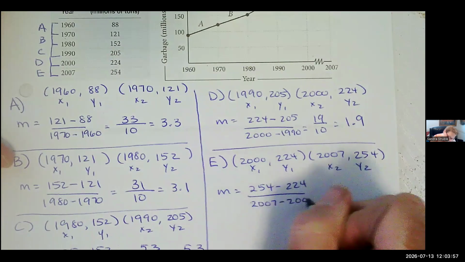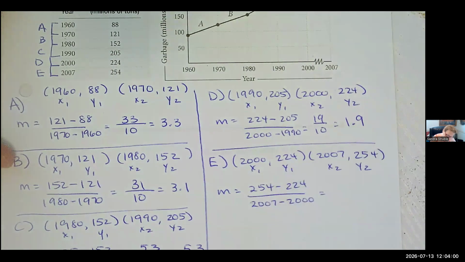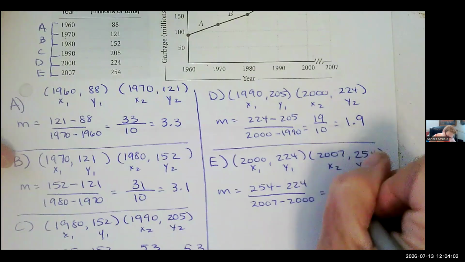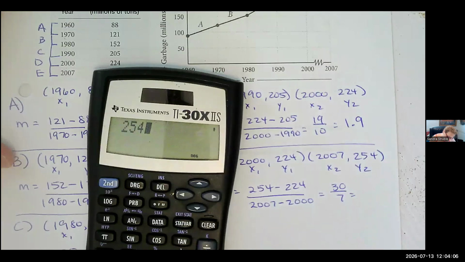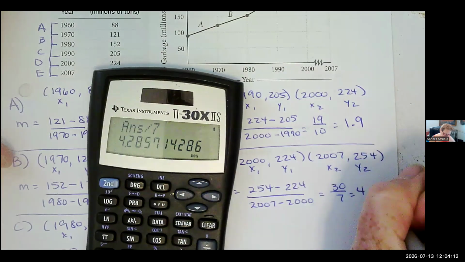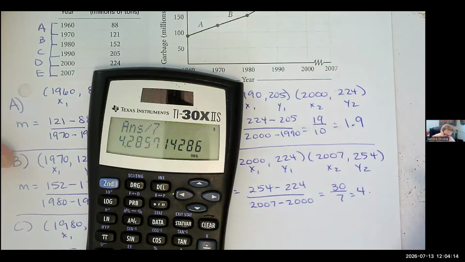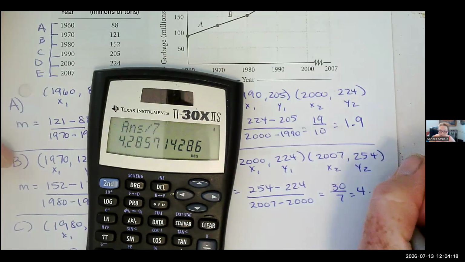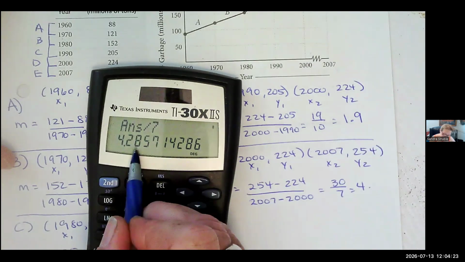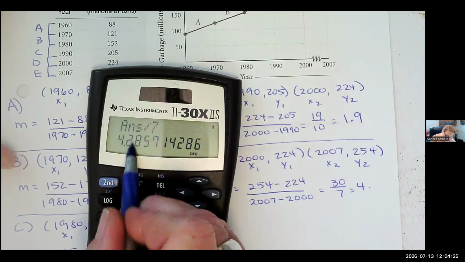It's 30 over 7. Let me check that, 254 minus 224. Yep. So divided by 7 is going to give me 4 point something. Just one decimal? Since the 8 is greater than 5, we would add 1 to our tenths place. So 4.3.